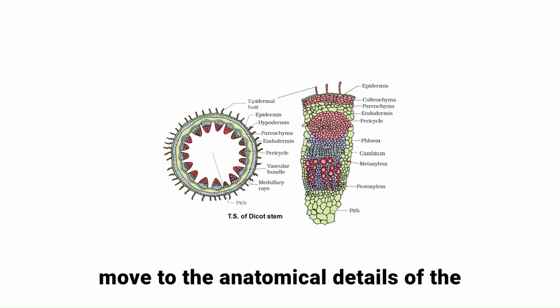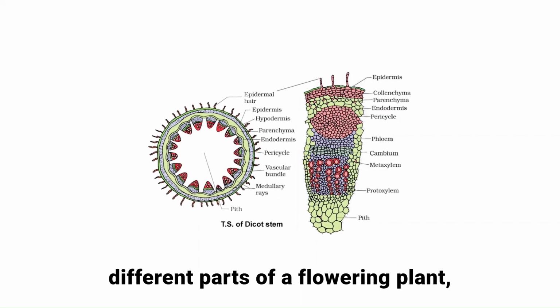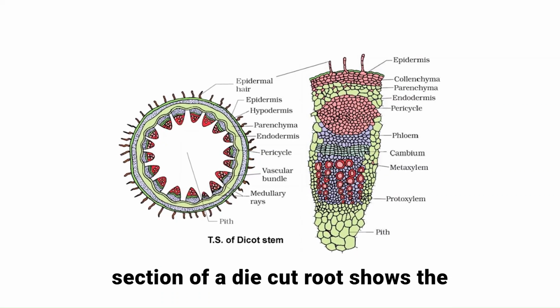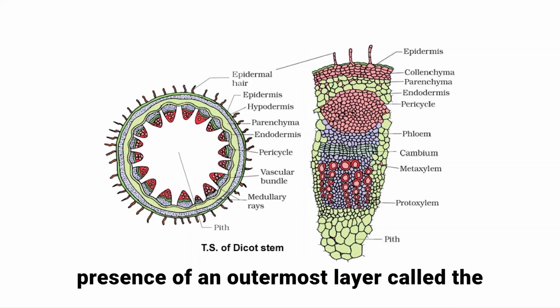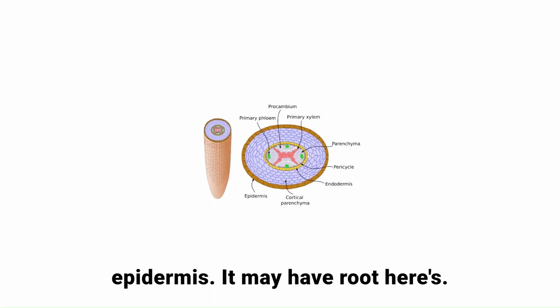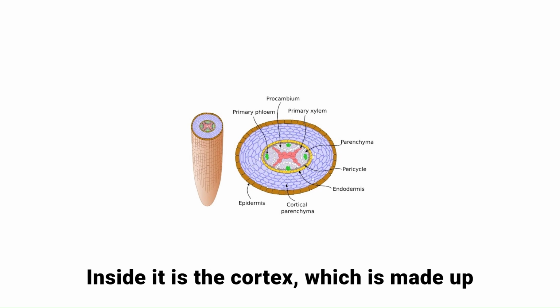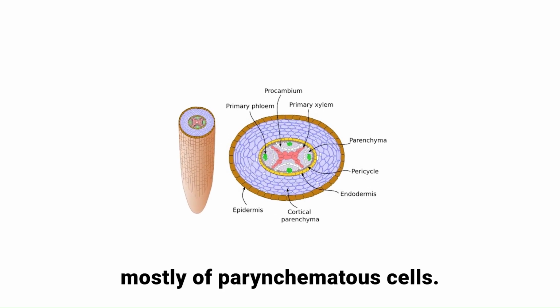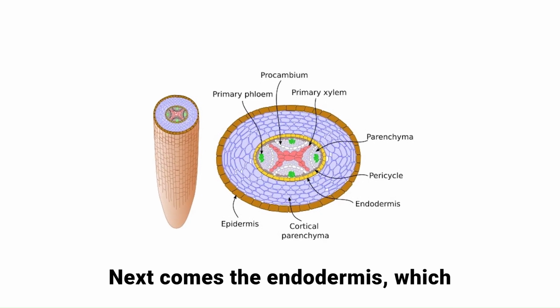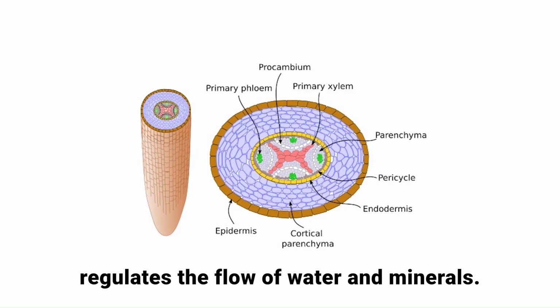Now let's move to the anatomical details of the different parts of a flowering plant, starting with the root. A transverse section of a dicot root shows the presence of an outermost layer called the epidermis. It may have root hairs. Inside it is the cortex, which is made up mostly of parenchymatous cells. Next comes the endodermis, which regulates the flow of water and minerals.